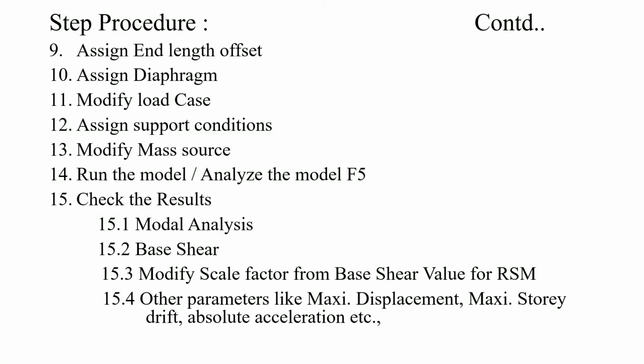Then we have to assign the diaphragm. Now we have to modify the load cases. For example, for the response spectrum, we have to choose whether it is linear or non-linear, and the acceleration in which direction. Those things we have to modify in the load case.